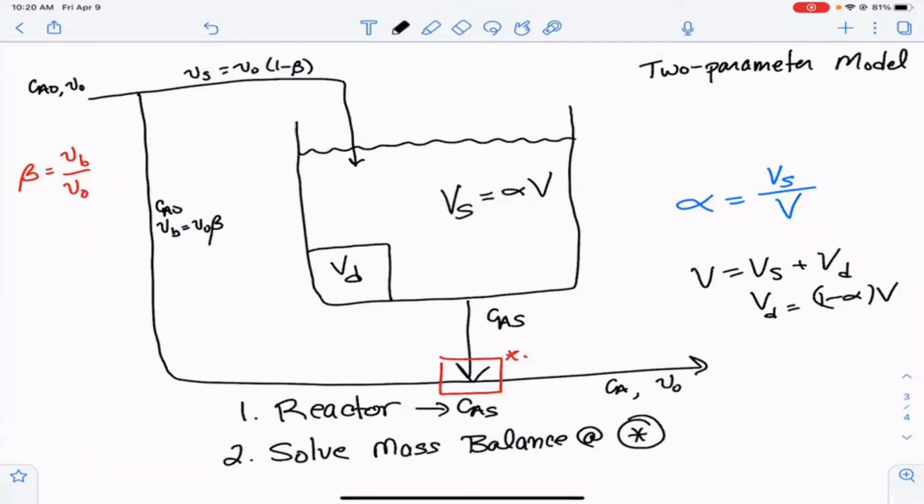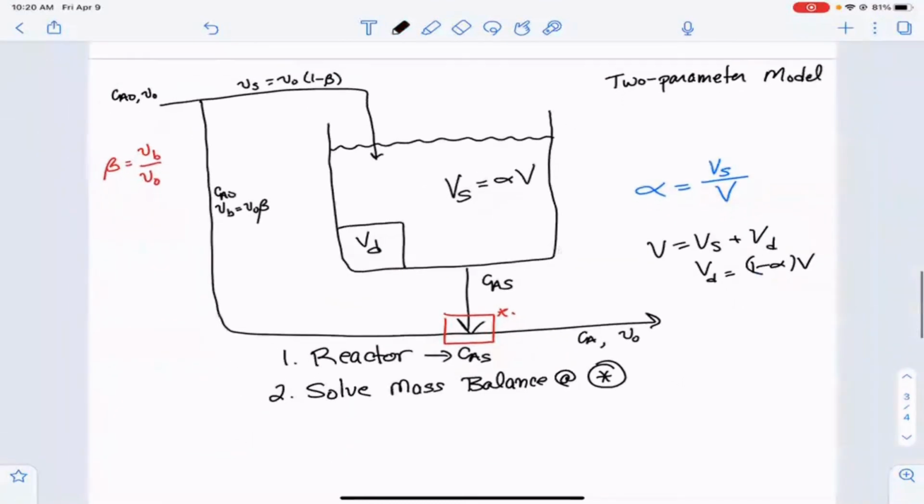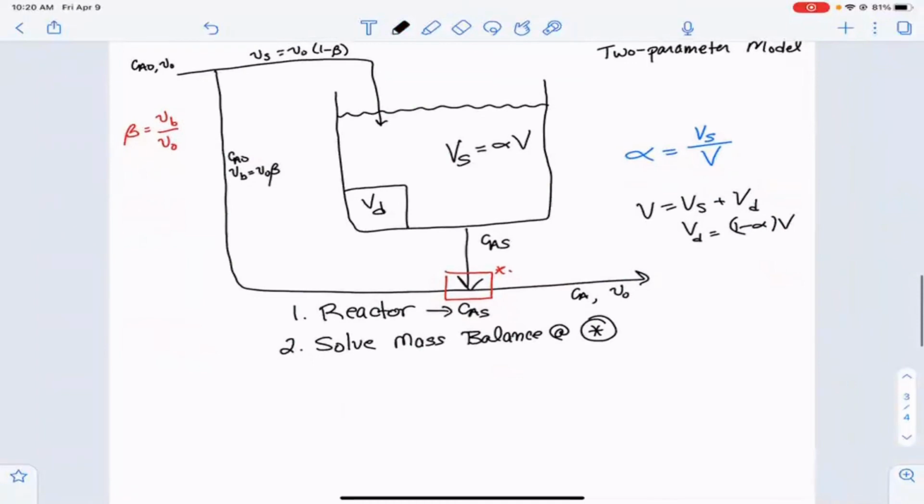If we were to do that in this case, let me zoom out a little bit. Let's just solve the mass balance for the reactor, or at least write the mass balance, and then we'll actually solve it next time.